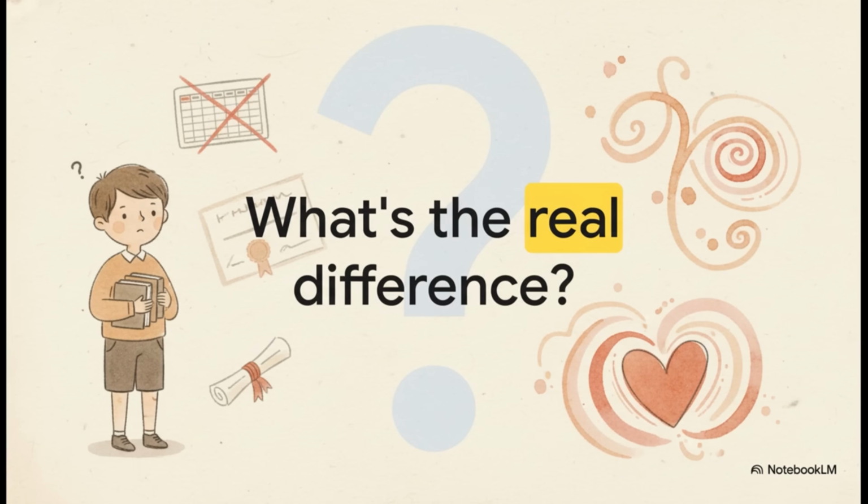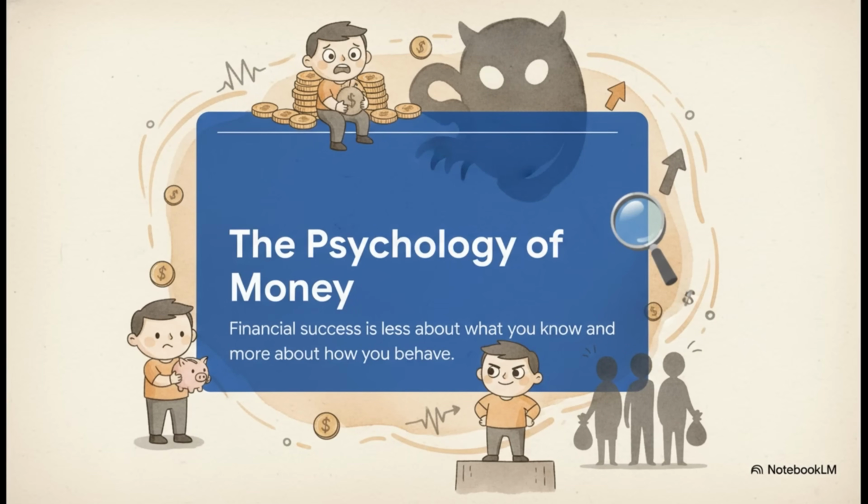So what is it? What's the real difference maker here? It's not about being some kind of math whiz or having these insane, complex spreadsheets. Nope. The secret's way more human, and honestly, way more interesting than that. And this right here, this is the whole idea behind Morgan Housel's amazing book, The Psychology of Money. It all boils down to this. Getting good with money isn't really a math problem.